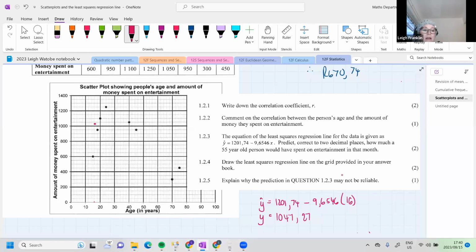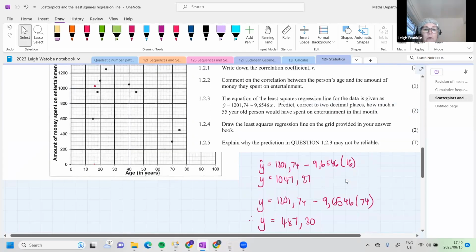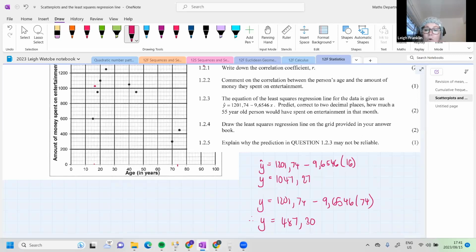Okay, and then we want 74. 74 would be here. There's 74 against 487. It's going to be very close to this point here, 487, somewhere round about there.